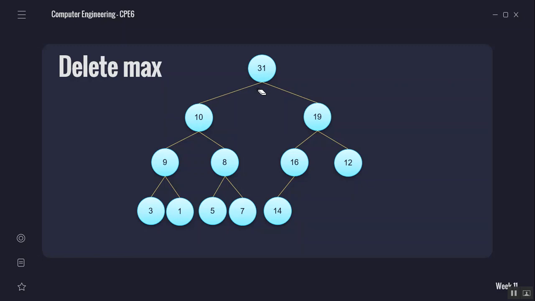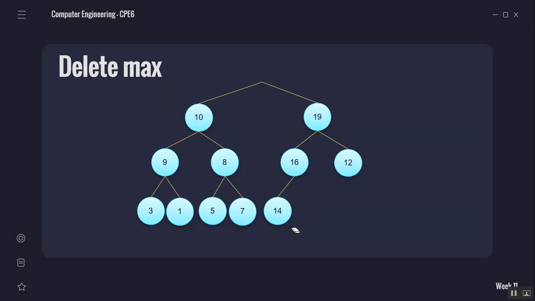So let's delete the max. We have to find the deepest node, which is 14, and then replace the root by placing it on the top of the tree. This is the deepest node.